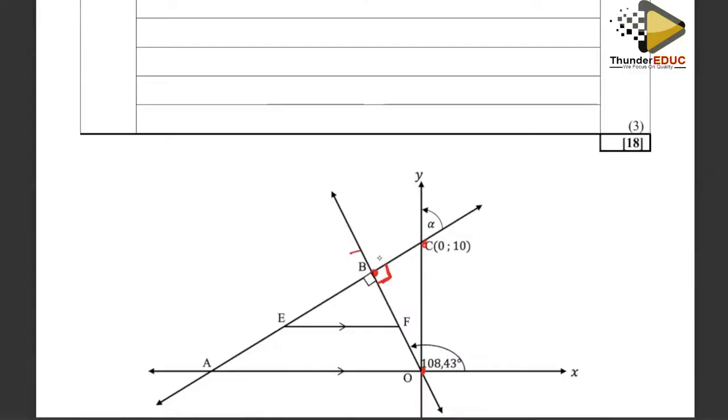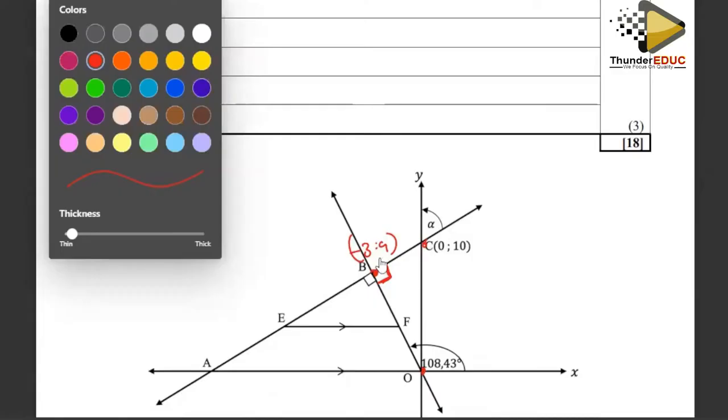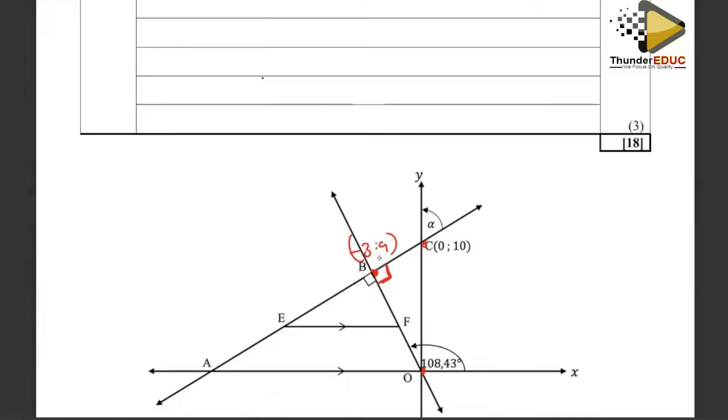If B is negative 3 and 9, I have a quick way of doing it, but I'll check it with a longer way to see if we get the same answer. The quick way is to focus on this right angled triangle and create another 90 degrees, so this is a perpendicular height and the whole of this is my base. Our base is 10 units, because from 0 up to here is 10 units.